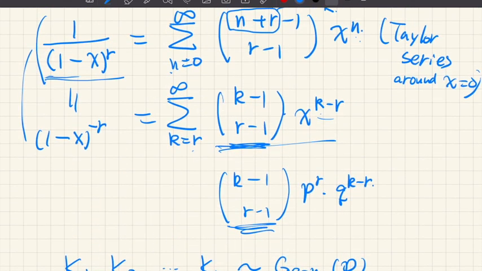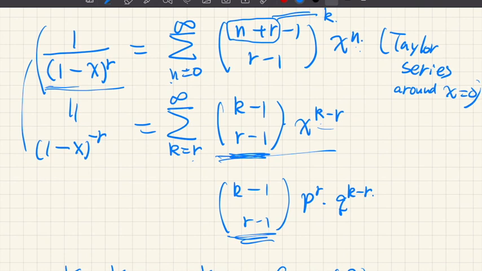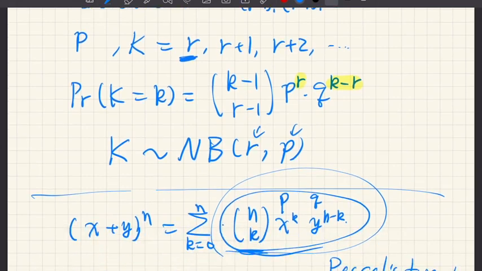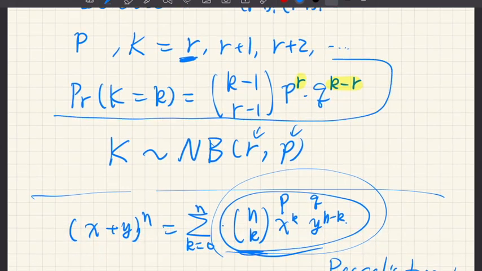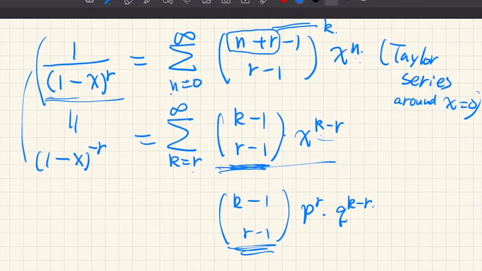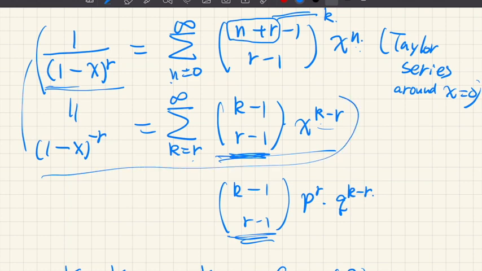Then calculate the probability generating function for this distribution, the negative binomial distribution. If you use the negative binomial theorem, it should be easier.